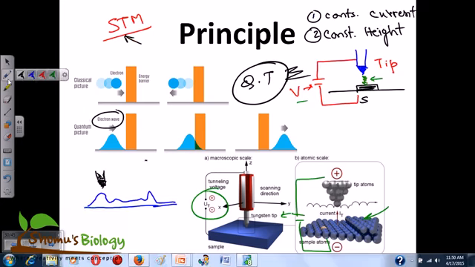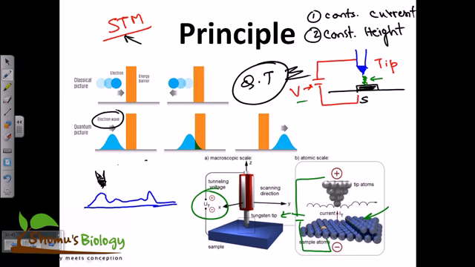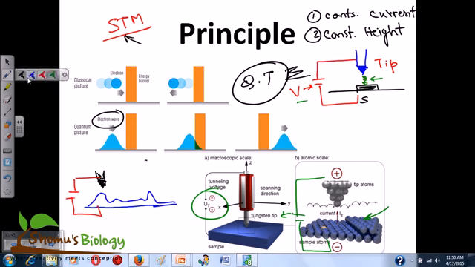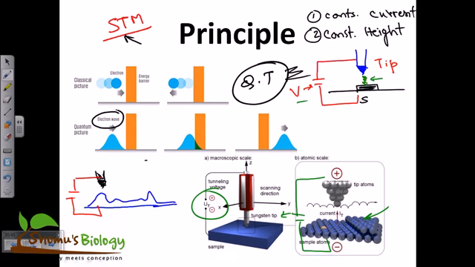The idea here is that this tip is providing current because of this voltage gradient, and it is transferring some electrons. As it transfers electrons, a particular current will be generated between the tip and the sample's surface, right? Now, there are two factors: one is the amount of current, another one is the distance between the tip and the surface.